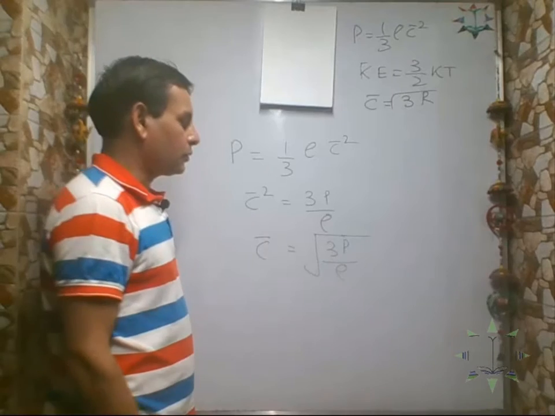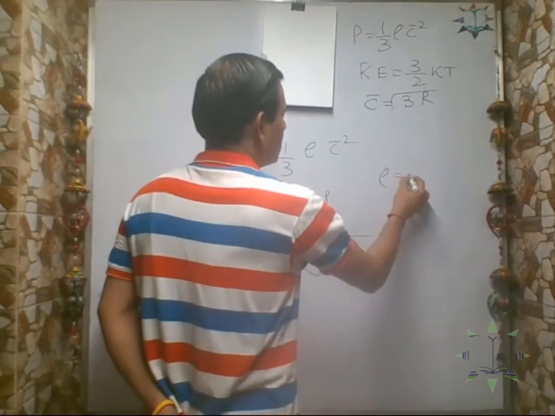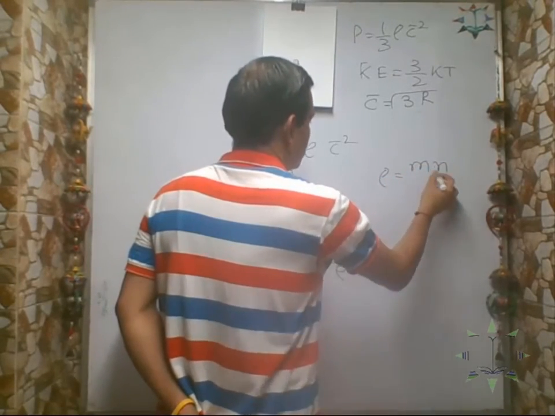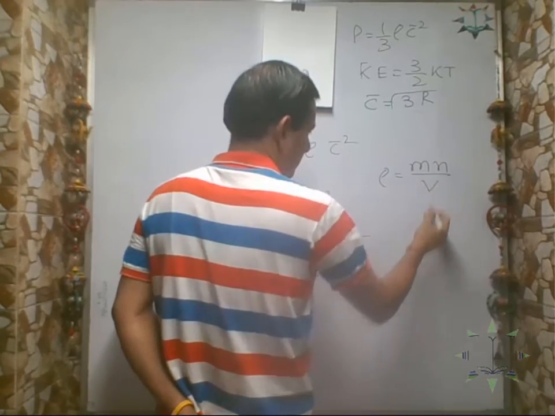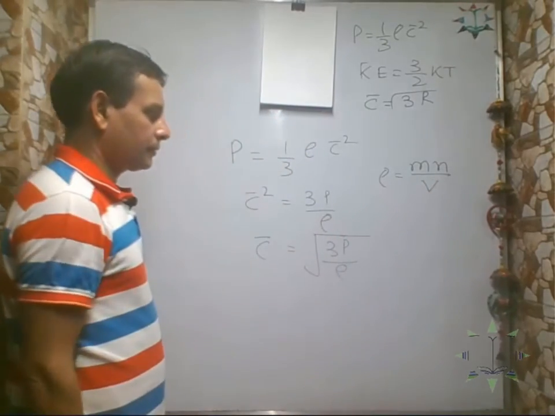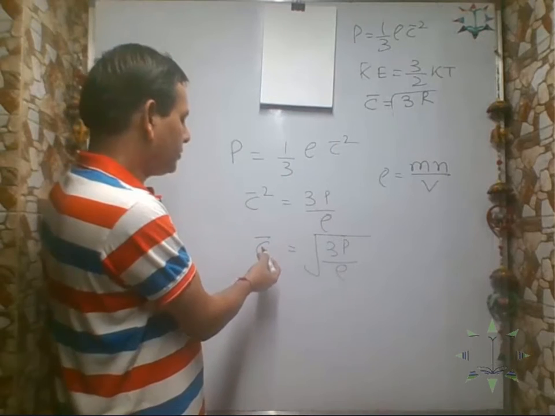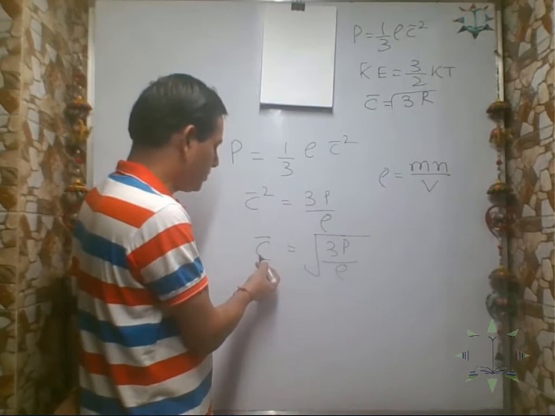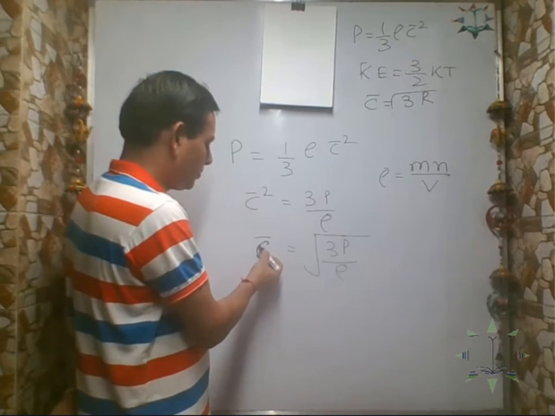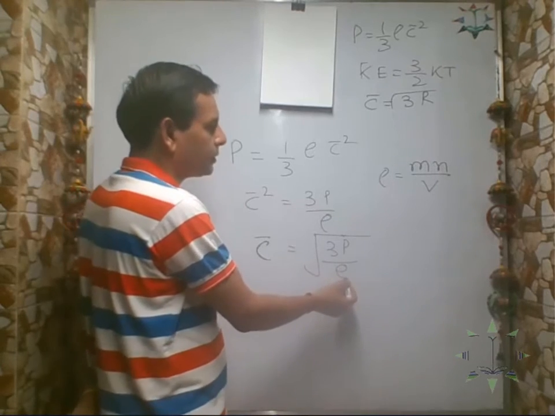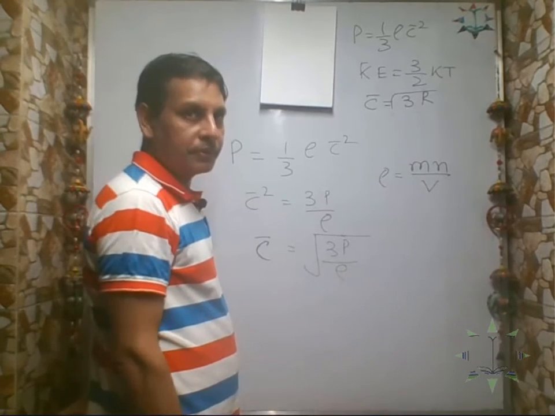Correct? So what is density? Density is mass per volume, mass of the gas divided by volume of the gas. So invariably we are saying that the root mean square velocity of the gas molecule is inversely proportional to the square root of density.